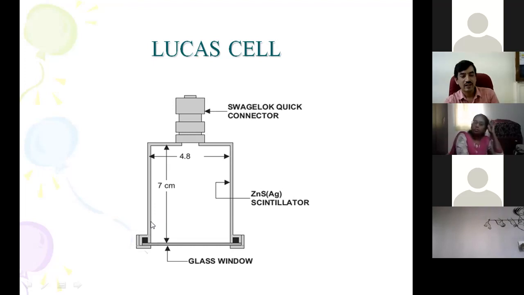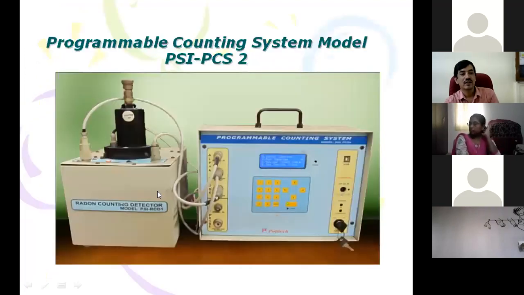This flash of light will be transported through optical coupling through this glass window. As shown in this figure, this Lucas cell contains radon. Radon will emit alpha particles. These alpha particles will cause light scintillations. These light scintillations are transported to the photocathode of the PM tube. In the PM tube, you will get the electrical pulses that will be counted using a programmable counting system.